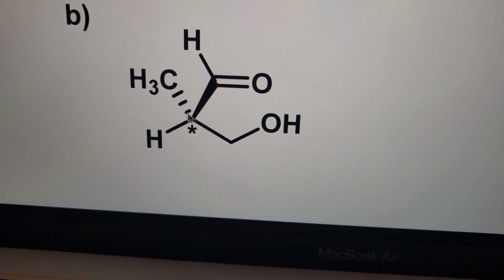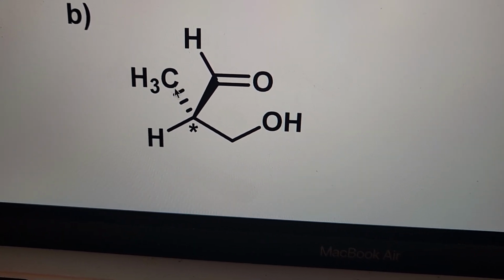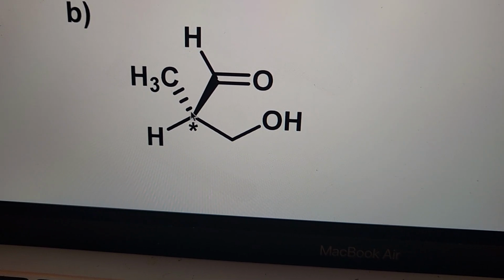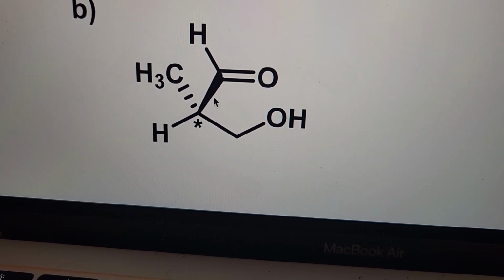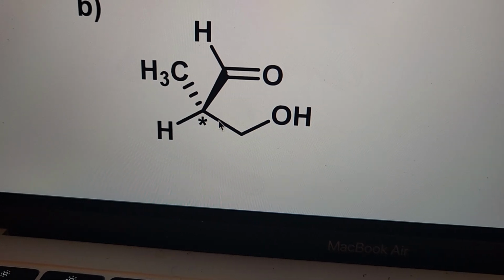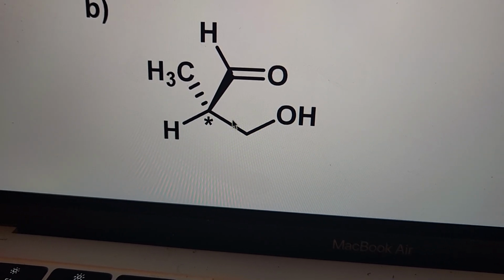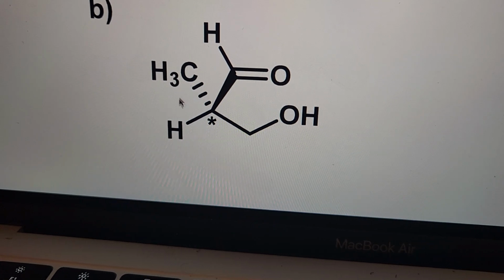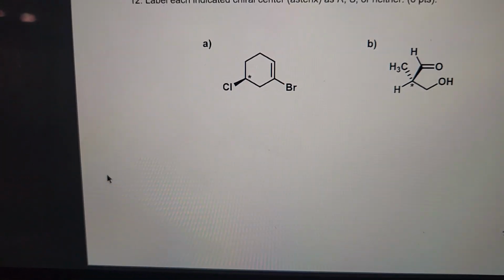So this is going to be 1, 2, and 3. And if we're starting here at 1, we are again moving to the left. If we were moving to the right, we'd go this way. So we are moving to the left, we're connecting 1, 2, 3, going this way, counterclockwise, making both of these S.